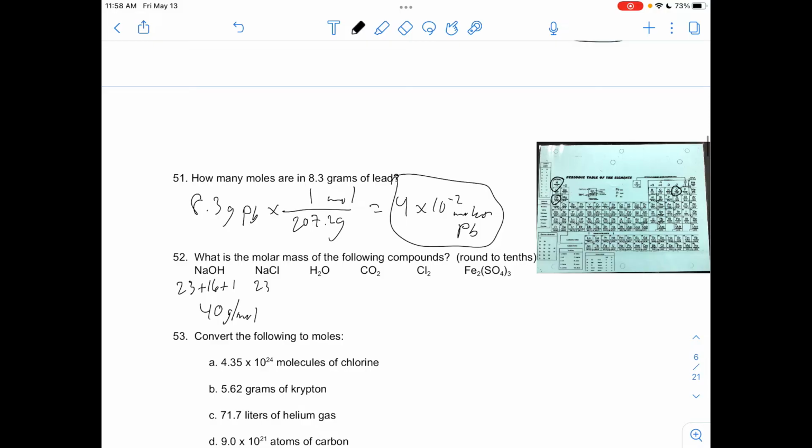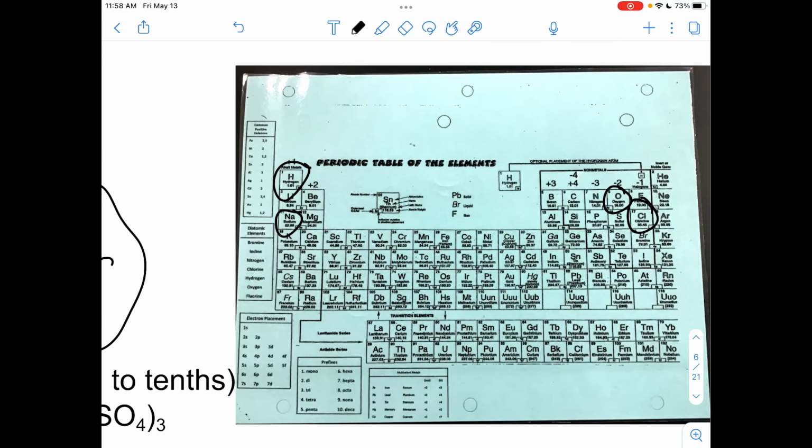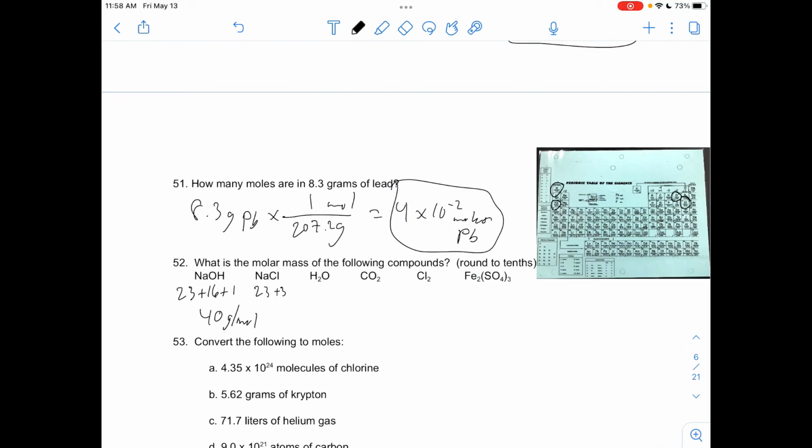NaCl, Na was 23. Cl is over here, 35.5, which would be 58.5 grams per mole. Okay, water, hydrogen is 1 times 2, added to 16, so that's 18 grams per mole.